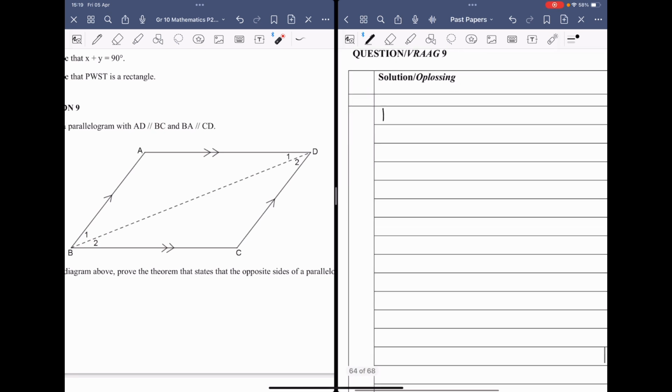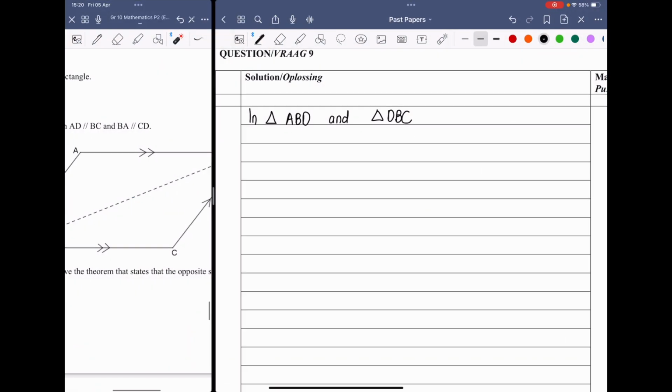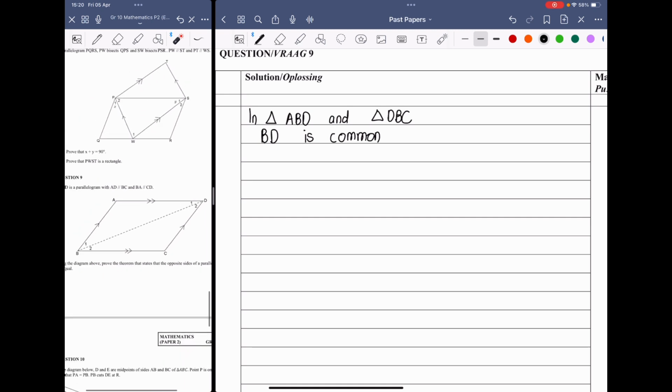So I'm going to start by saying in triangle ABD and triangle DBC, BD is common. Then I want the alternate angles, so I'm going to start with the B2 and the D1.